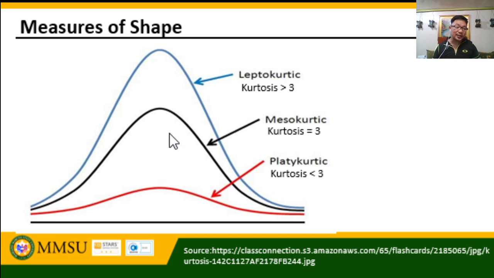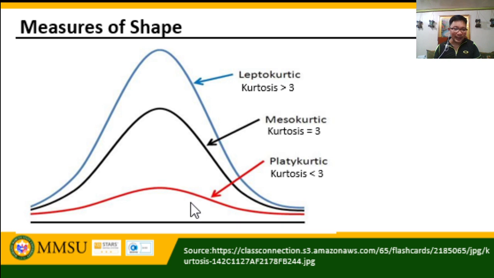Now, a mesokurtic, itong pangalawa, has kurtosis statistic similar to that of a normal distribution. This means that the extreme values of the distribution are similar to that of a normal distribution characteristic. This definition is used so that the standard normal distribution has a kurtosis of 3.